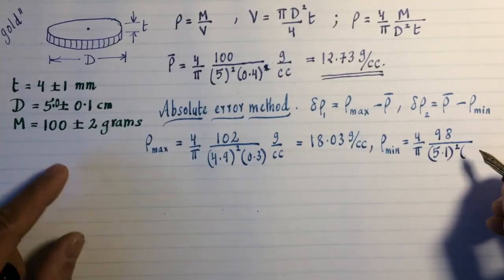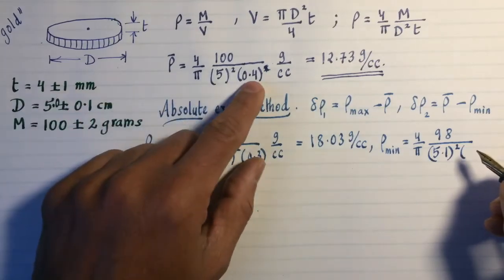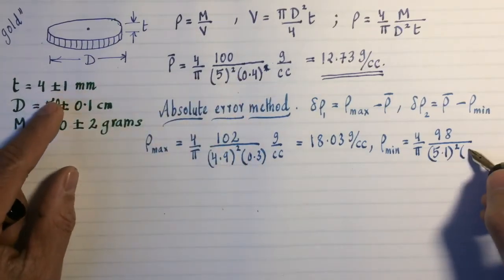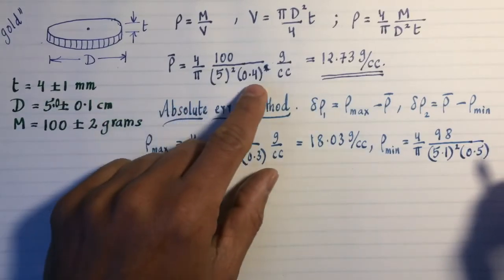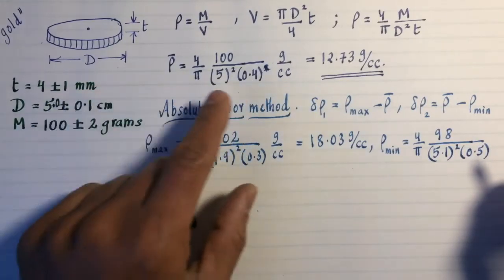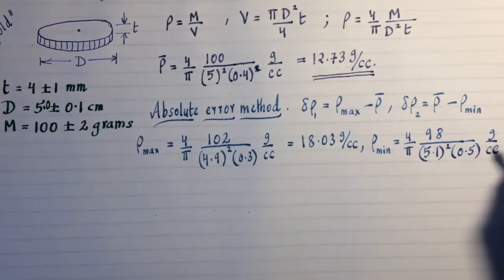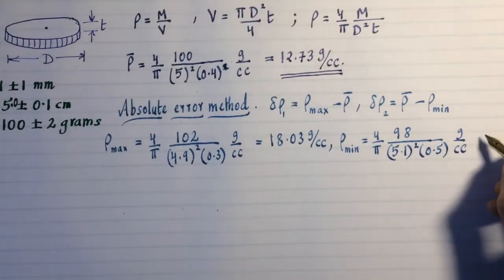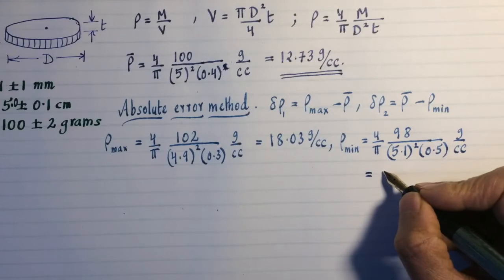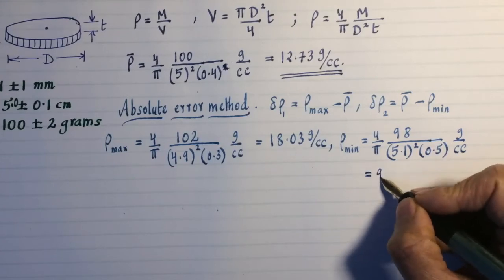And then for the thickness, instead of 0.4, I'm going to write 0.5. Remember that this point is there because I'm going from millimeters to centimeters here. Grams per cc. And off the screen, I've worked this out also on the calculator. It turns out to be 9.59.